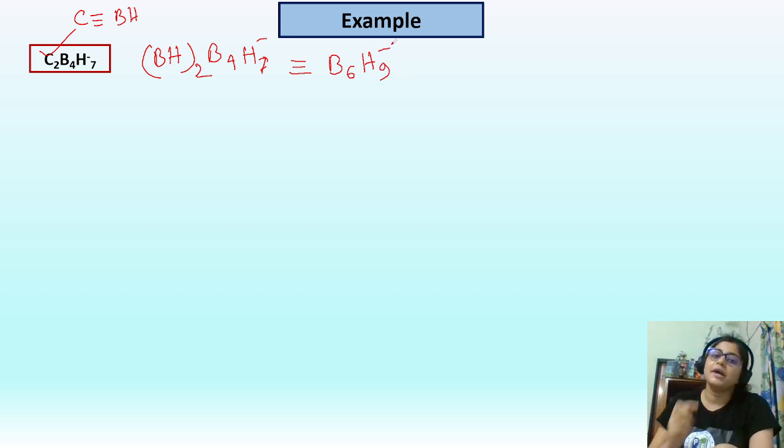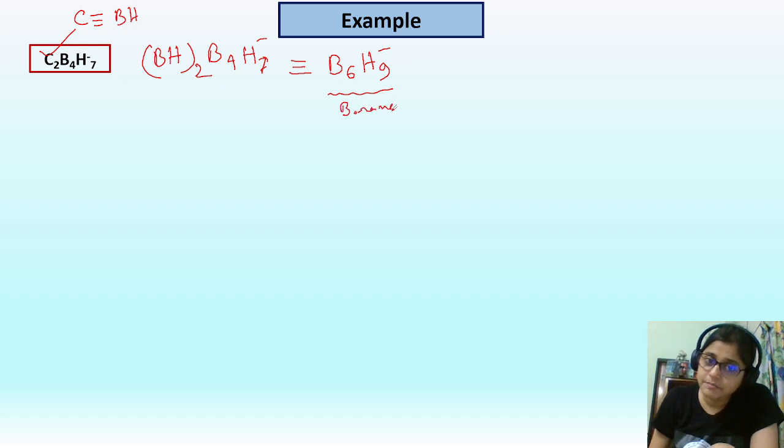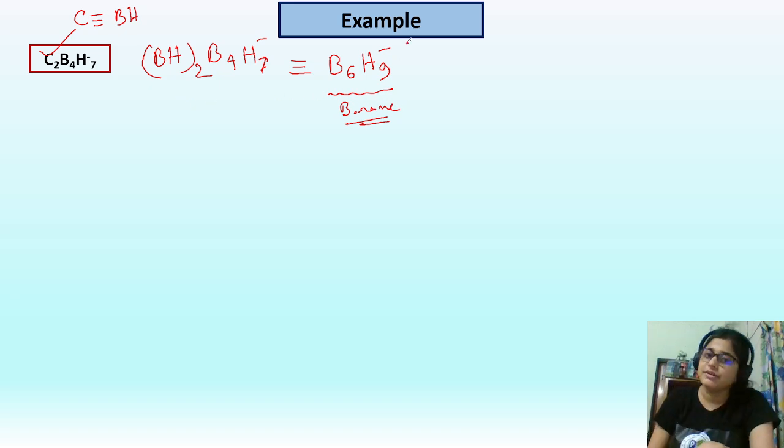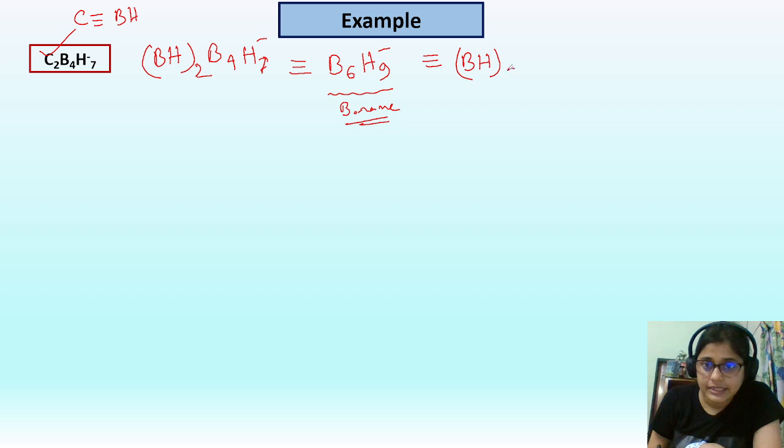See, we have converted it to borane. This is borane only. So from a heteroborane, we have converted it to borane. Now we know the trick, right? What trick? This will be equal to, we have taken the BH units out, and this will be B6. And how many H are there? 3 H are there, and overall negative sign is there. Fine.